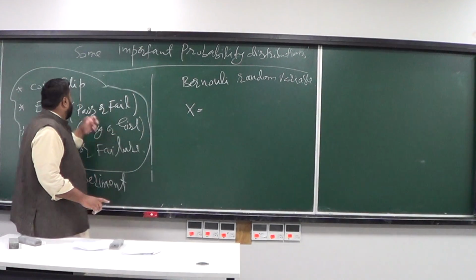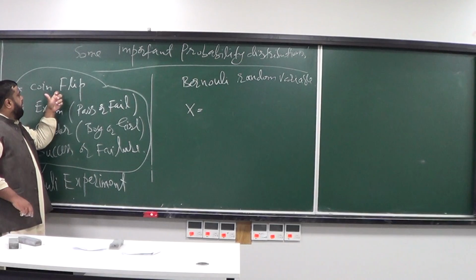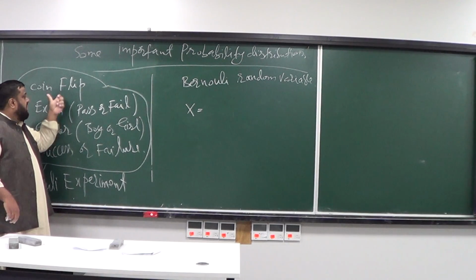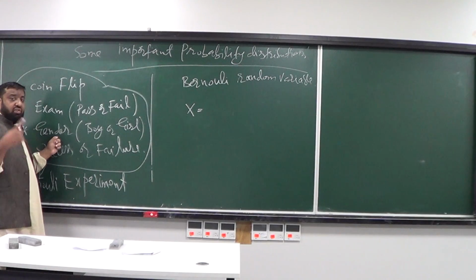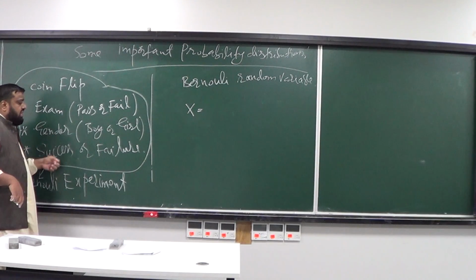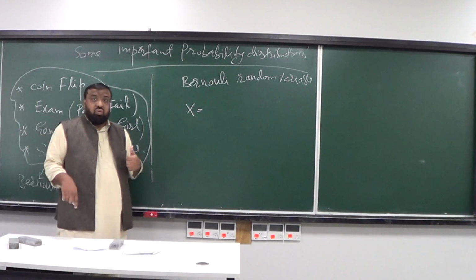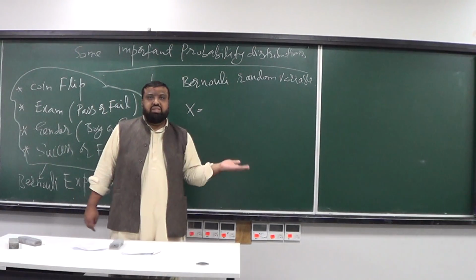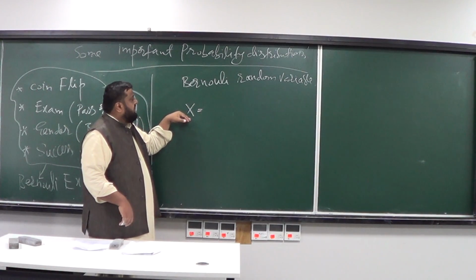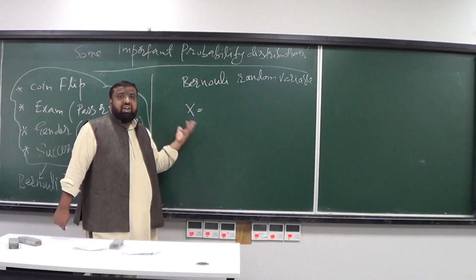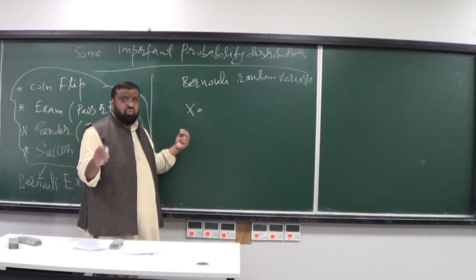So it's like flipping a coin once, or taking one exam, or considering the gender of one baby, in which you have success or failure actually. So a Bernoulli random variable is a random variable which takes, for example, only two values.